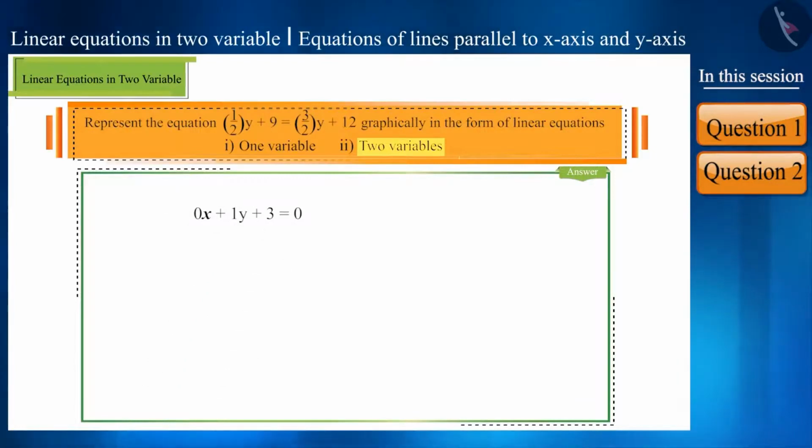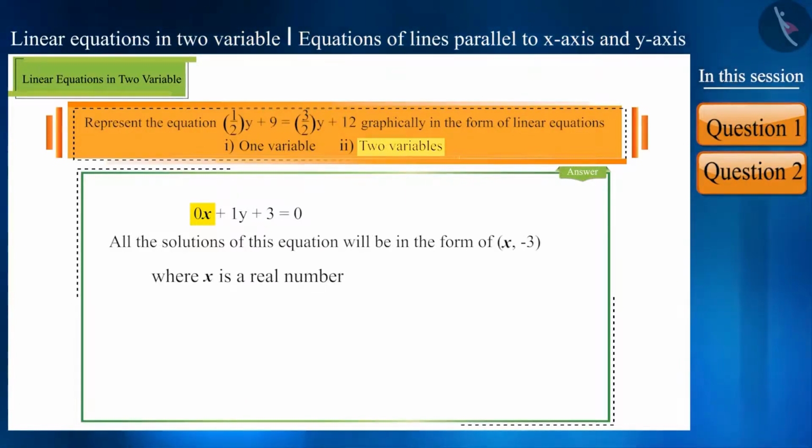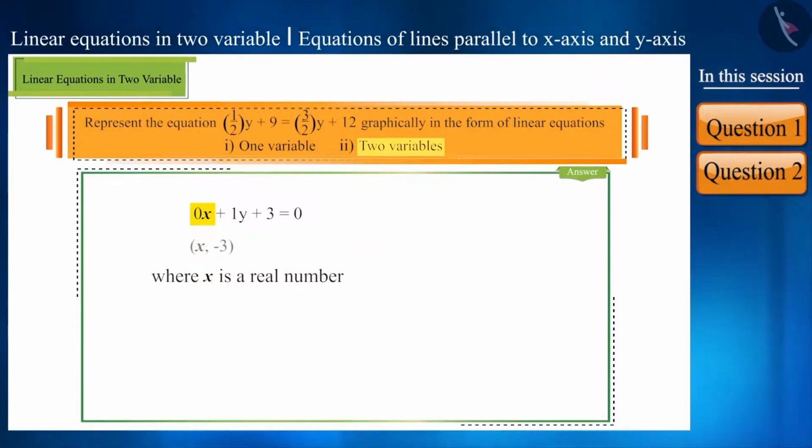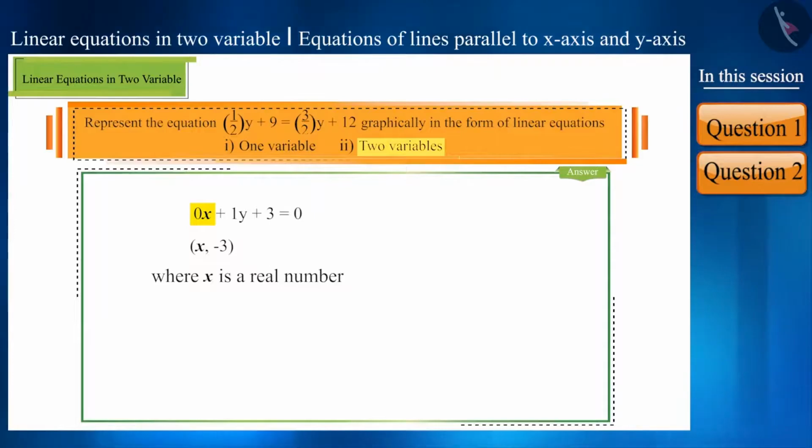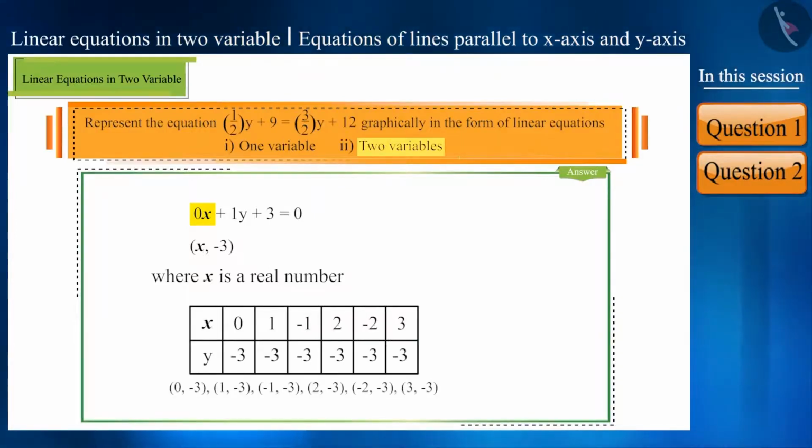Observe this equation. Here if we take any value for x, it will ultimately be 0. All the solutions of this equation will be in the form of (x, minus 3), where x is a real number. Friends, you may pause the video and try to represent the same graphically. Here are some probable solutions to this equation.